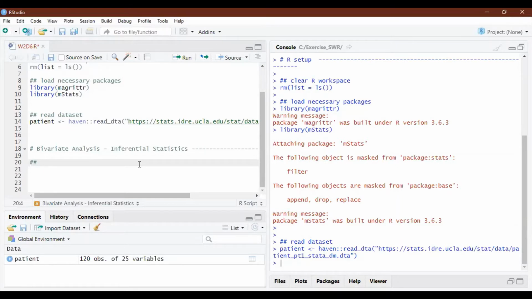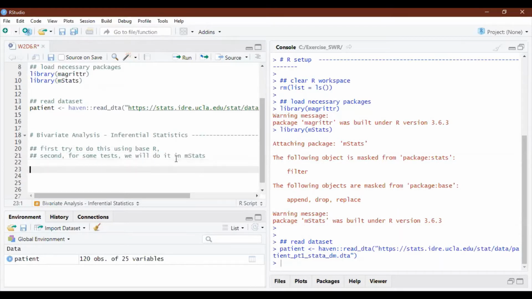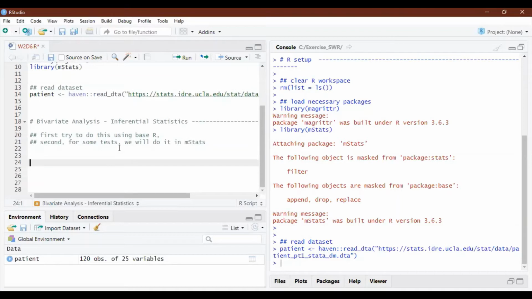First, we try to do this using base R. Then second, for some tests, we will do it using another package.